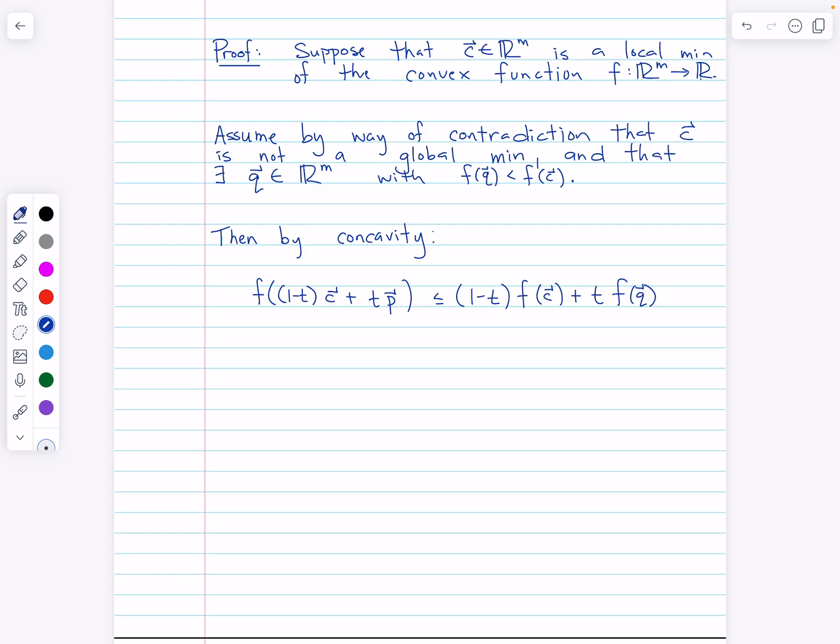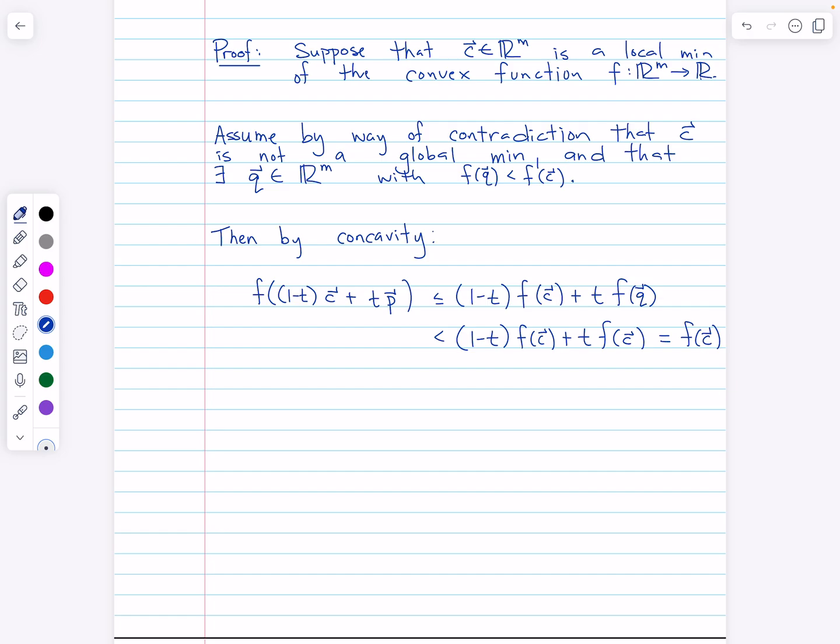And since notice that f of Q is assumed to be less than f of C, we can replace f of Q with f of C, and we're only going to be making this thing bigger. So this gives us 1 minus t f of C plus t f of C. Now if we simplify all that, this is just equal to f of C. All right?